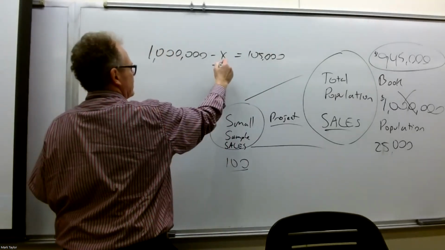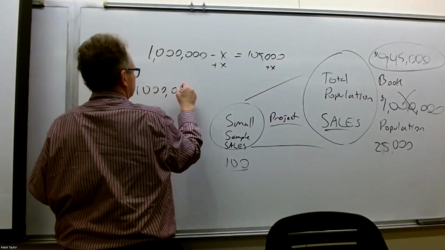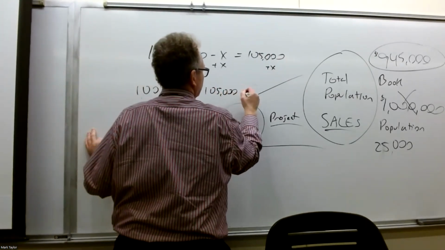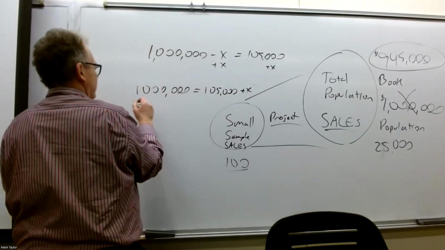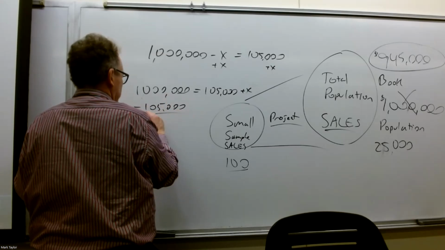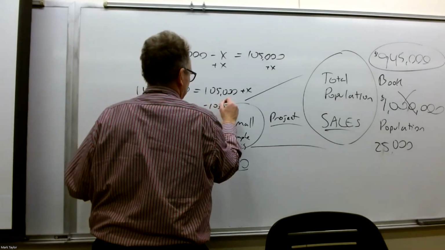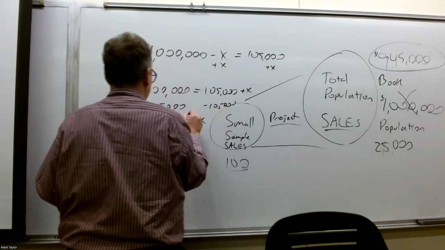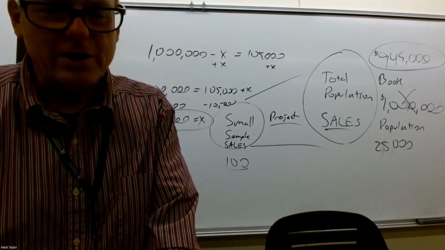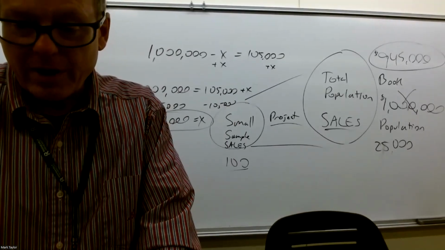So add X to each side: 1 million equals 105,000 plus X. Subtract 105,000 from each side. You guys probably know that, but I just wanted to show you that. Actually, looking at the board, it looks even more like a mess.